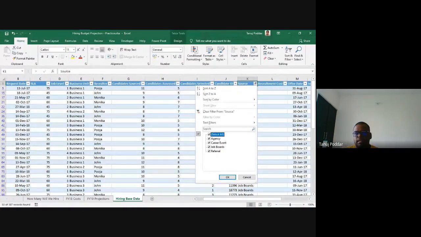Similarly, there are free platforms like LinkedIn, Facebook, Twitter, on which you post positions and people will come to your job board and apply.